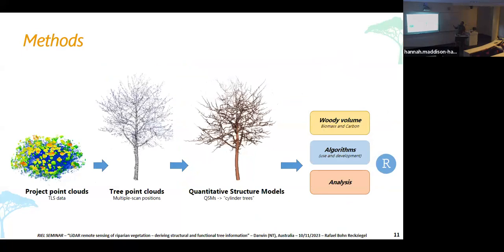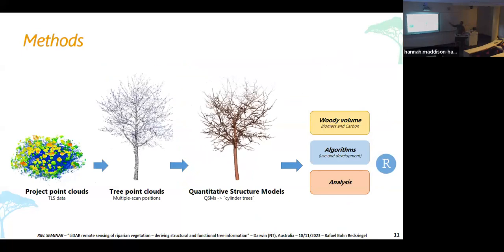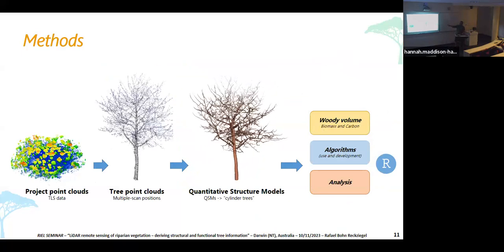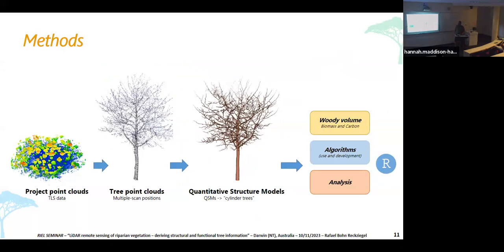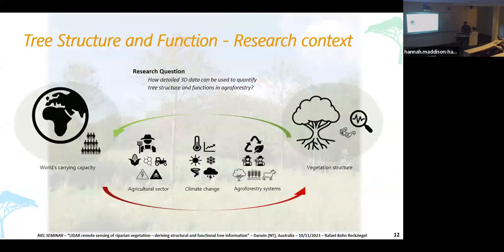So the basic workflow is producing point clouds, extracting individual trees, fitting geometrical QSMs, the cylinder trees, and then we have woody volume, which is converted to biomass and carbon. But then you can also develop algorithms on top of this quantified structure to study something.